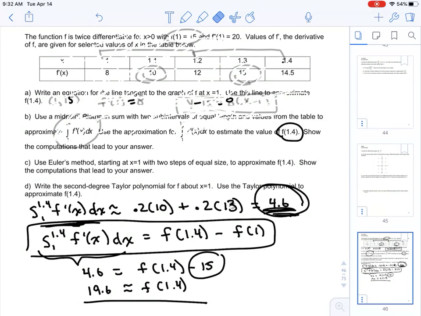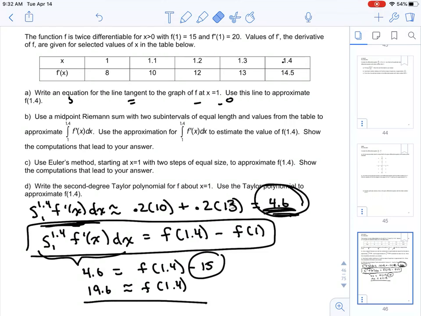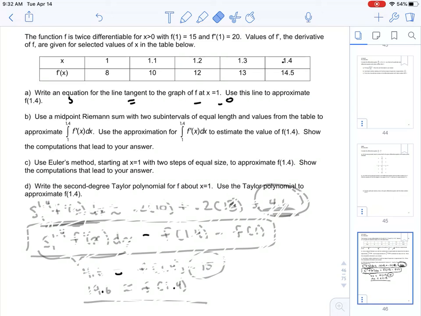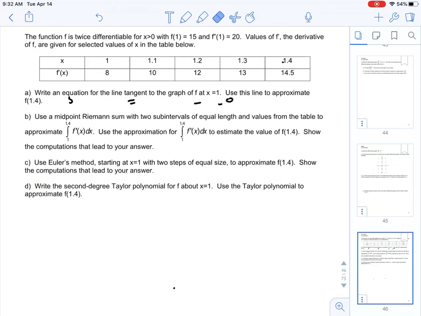Okay, part C wants you to use Euler's method to do another approximation. So in part B, we did an approximation using a tangent line. Now in part C, we're going to do an approximation using Euler's method. So remember, for Euler's method, we're going to go ahead and create our table. Important thing is make sure that you go ahead and label your table.